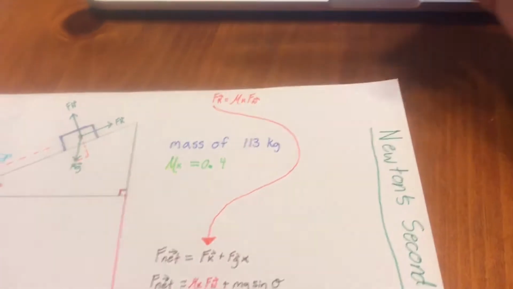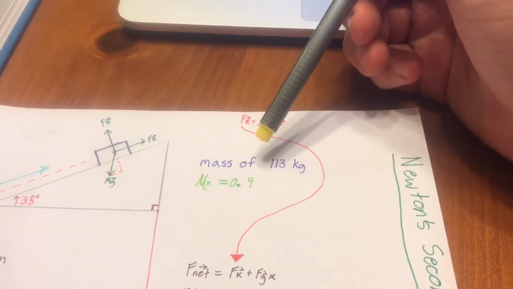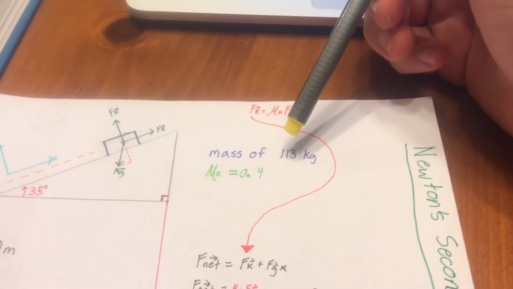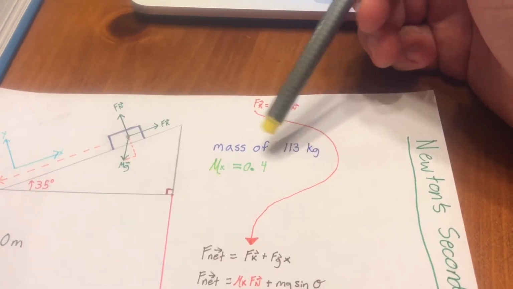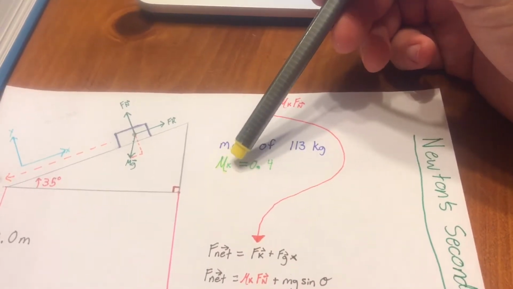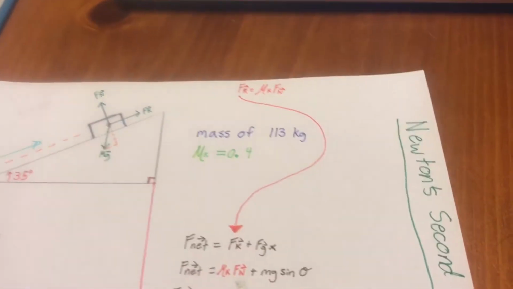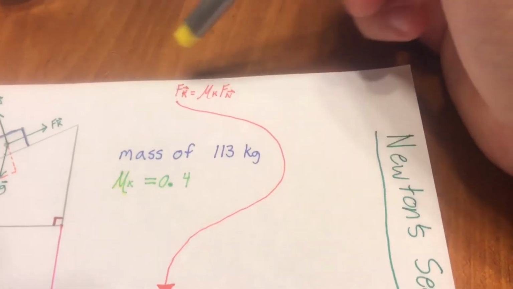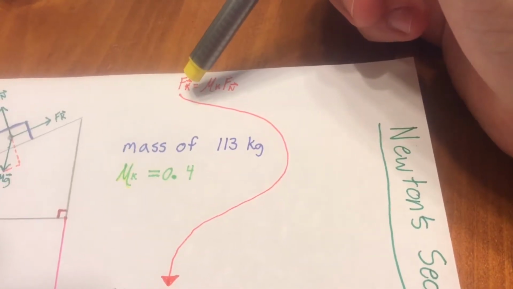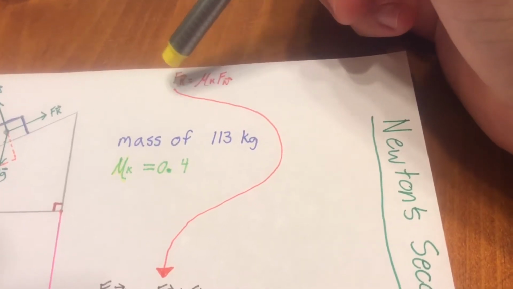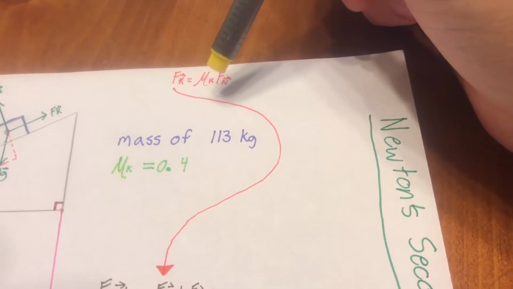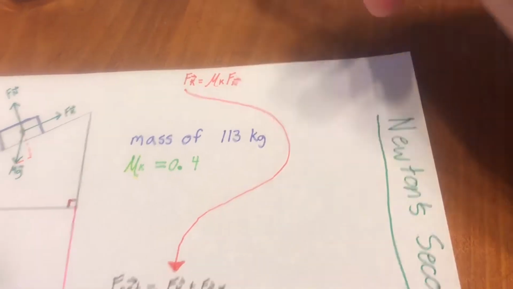So what I did was I wrote down the mass of the shingles is 113 kilograms, and the coefficient of kinetic friction is 0.4. I know that the force of kinetic friction is the coefficient of kinetic friction times the normal force.